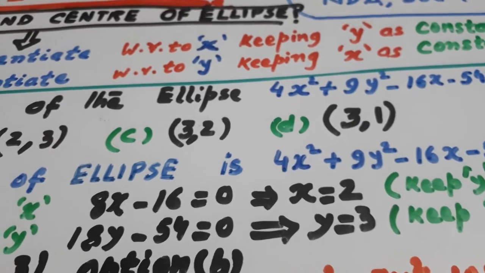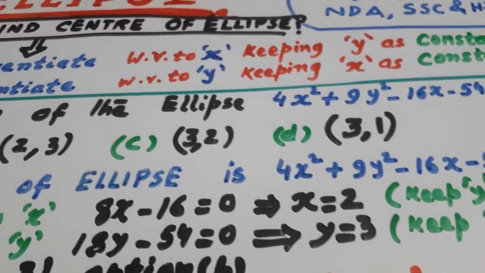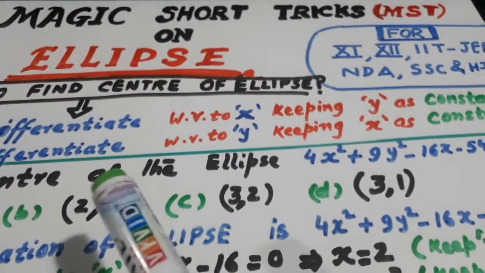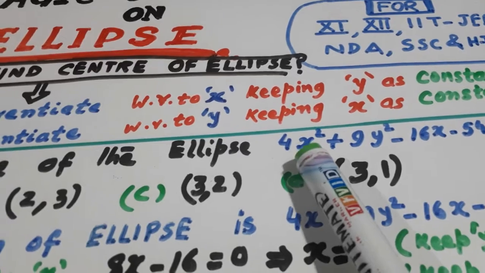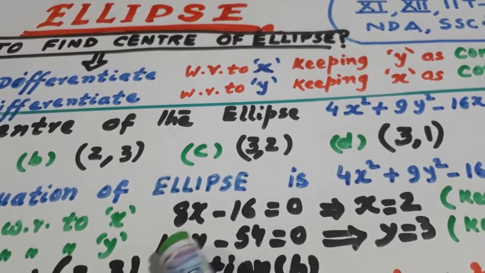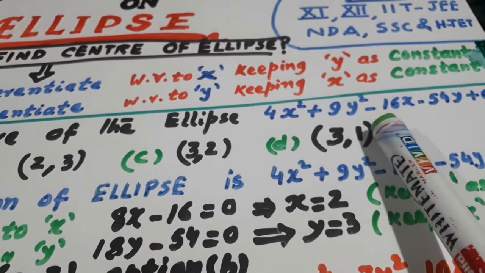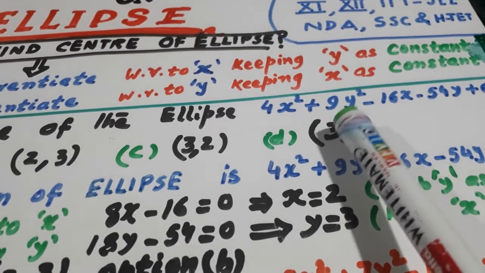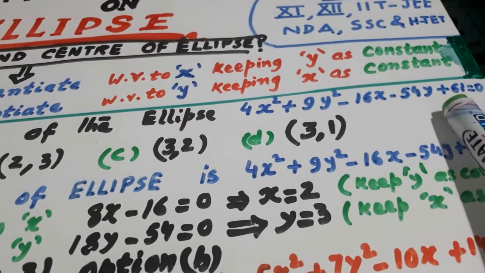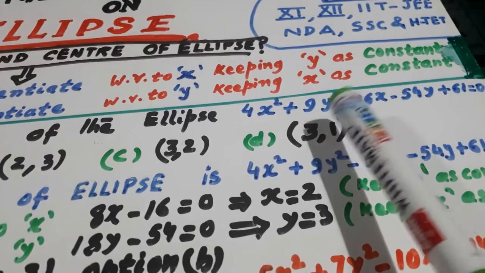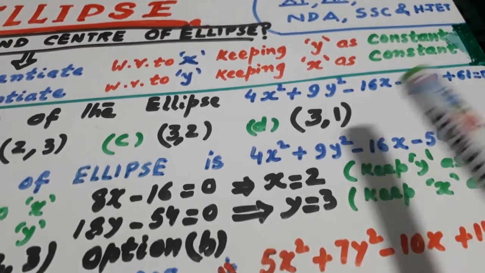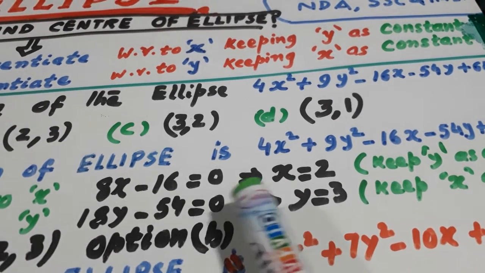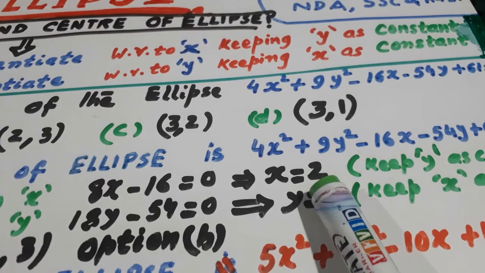Look here, 4x square, its derivative is 8x. Minus 16x, its derivative is minus 16. This is constant, this is constant, this is constant. Derivative of this is 0, this is 0, this is 0. So what we get? X is equal to 2.